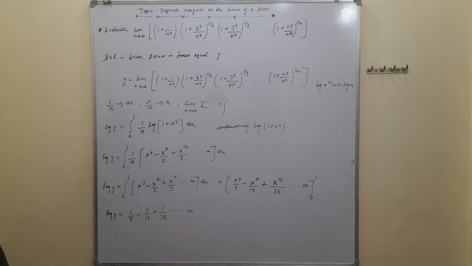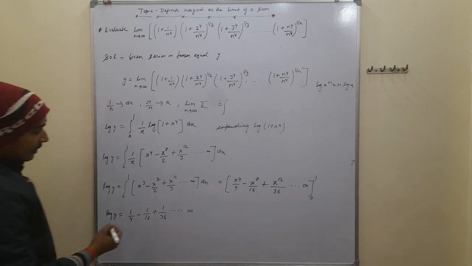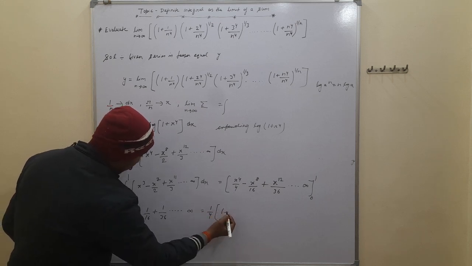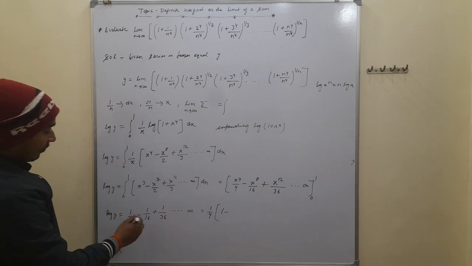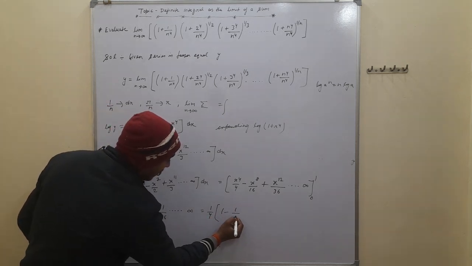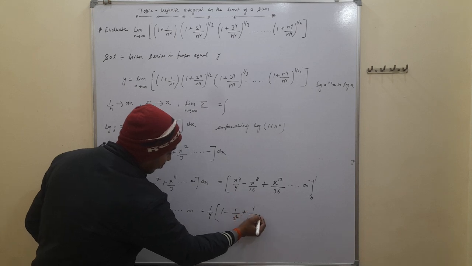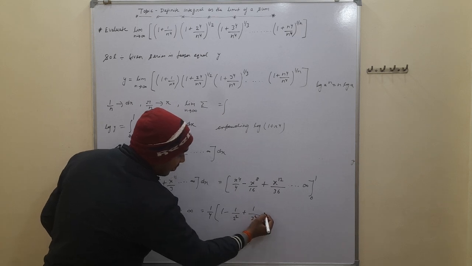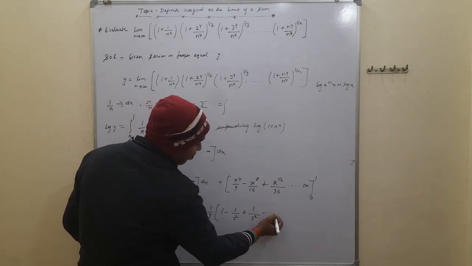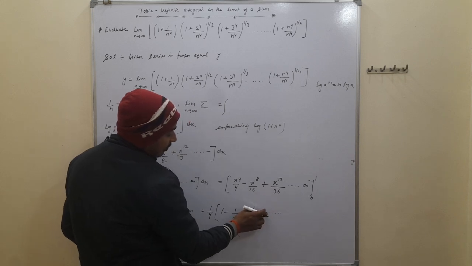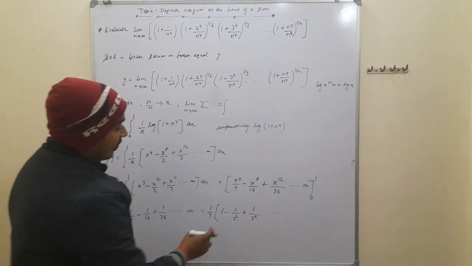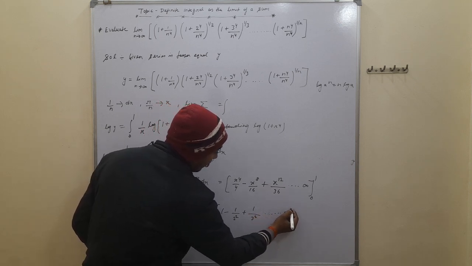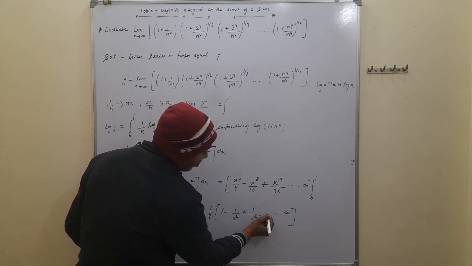And further from here we take common 1 by 4, this is given by 1 minus 1 upon 4, that is 1 upon 2 squared, and here plus 1 upon 9, we can also write 1 upon 3 squared, and this is minus, dot dot dot, and we write the further terms with alternating signs, dot dot dot to infinity.